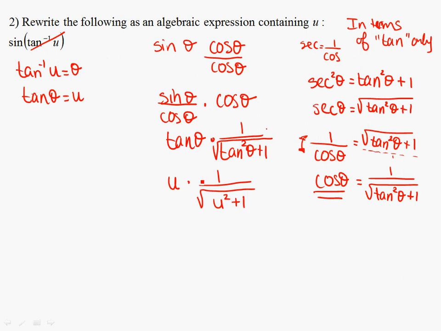Then multiply these together to finally get an algebraic expression equivalent to what we started with. So u divided by the square root of u squared plus 1 is the same thing as sine of inverse tangent of u. That's what you're supposed to be doing when it says rewrite it as an algebraic expression. Anybody have a question on that one?